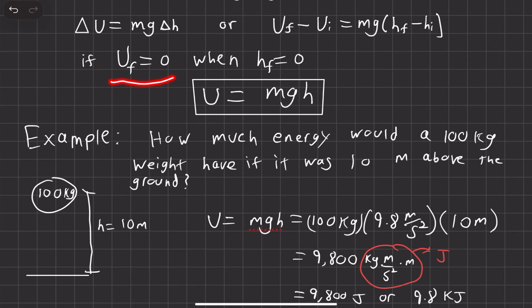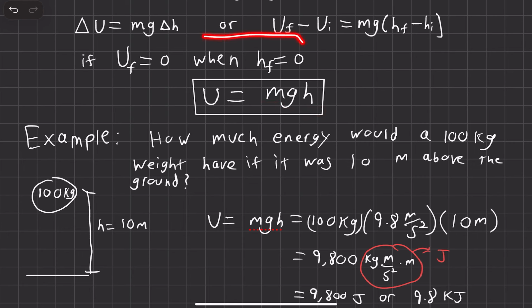Now, if we let the final gravitational potential energy equal 0 when the final height is 0, then what we'll get left with, because the final here will cancel, and we have a negative and a negative that will cancel each other, is that the initial gravitational potential energy, or we'll just say the gravitational potential energy then, is equal to the mass of an object times 9.8 meters per second squared times the height at which the object is dropped.